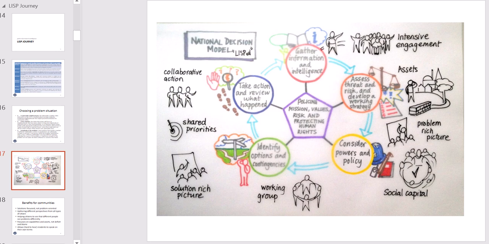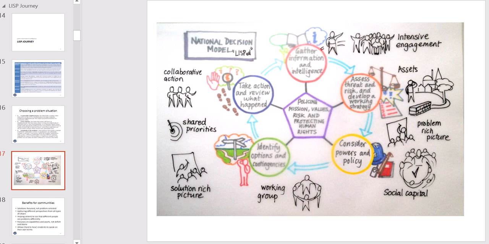We're looking for what's known as social capital, which we'll come back to later on, the people who are highly capable and highly connected. And out of them, as we work around to identifying contingencies, then we bring a working group together. So we don't start with a working group, we start with thinking about the skills and assets. And then when we want to think about our options and contingencies, we bring our working group together.